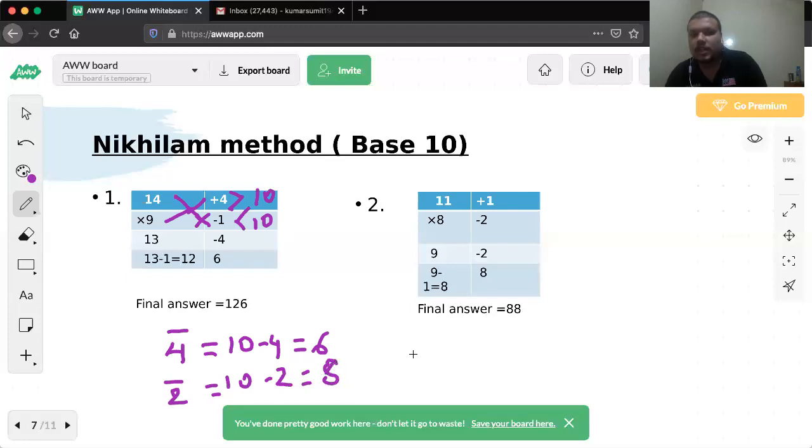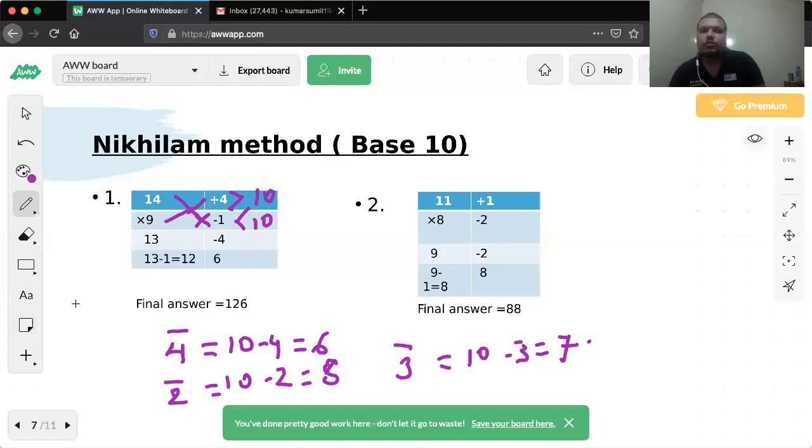Again you will have 3 bar equal to 10 minus 3 equal to 7. Fine. So that is how complement works, or it is also called vinculum in the original Vedic mathematics book. But to make it simple, I'm teaching you, we'll call it complement.